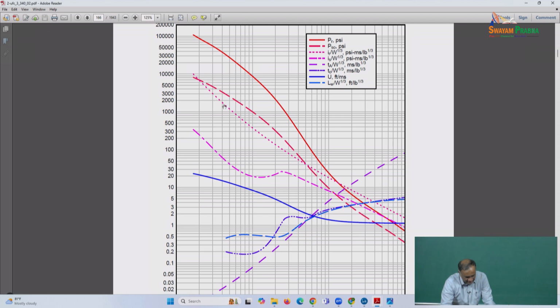Then IR, then IS here. So the scaled values are all given as divided by W power 1/3. So the only thing that is not scaled is the U, PSO, basically the wave speed, and the pressures are not scaled. All the others are scaled. So that's one way to recognize.